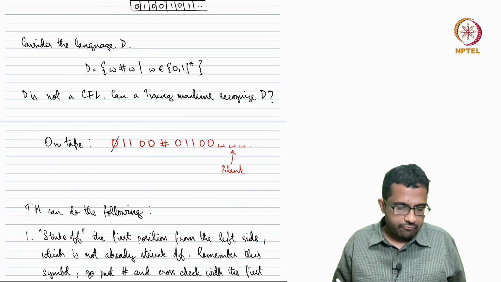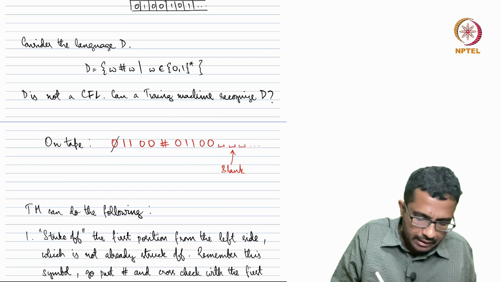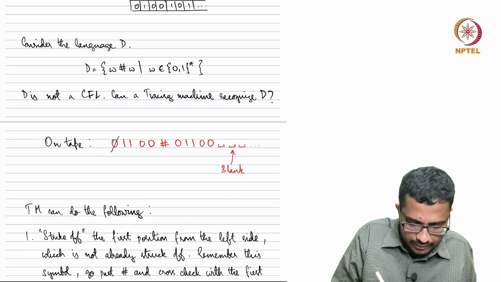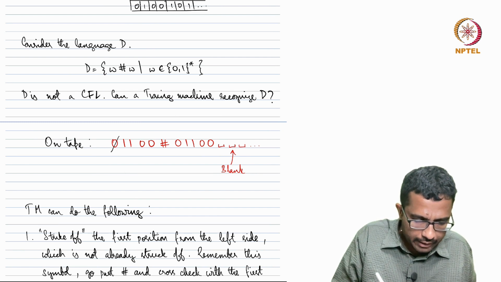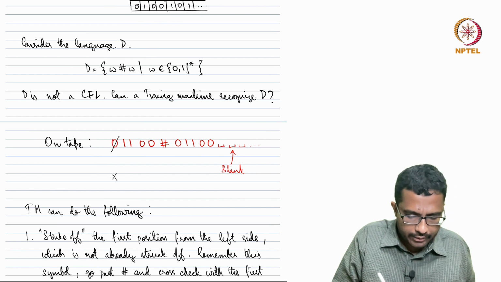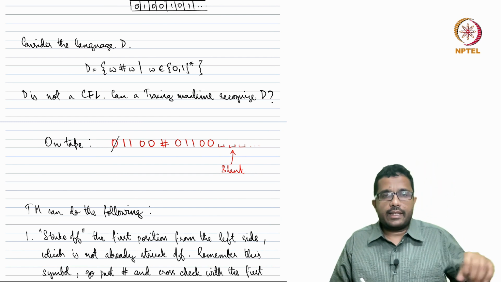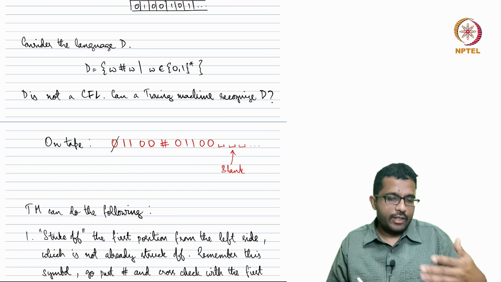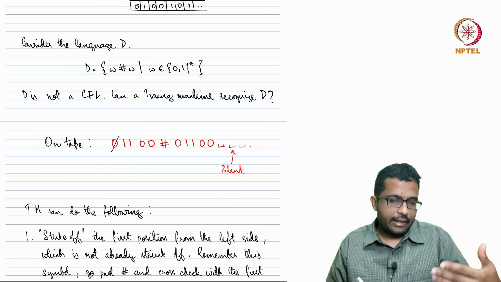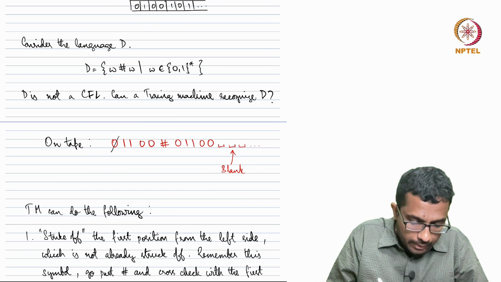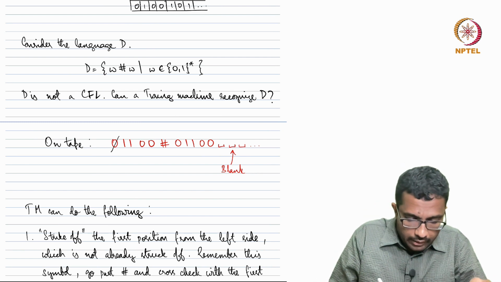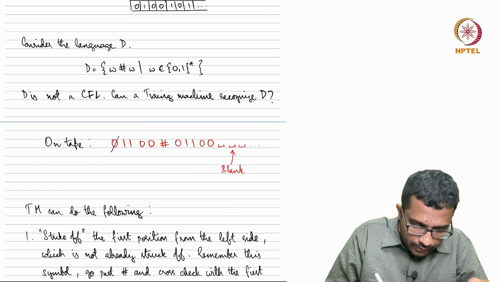It can replace the 0 with some symbol, like a 0 with a strike off, or it can replace it with an X or something like that. It has to replace it with something which says that it has already been read, and then the Turing machine has to remember that it has struck off a 0, and then it starts moving to the right side.